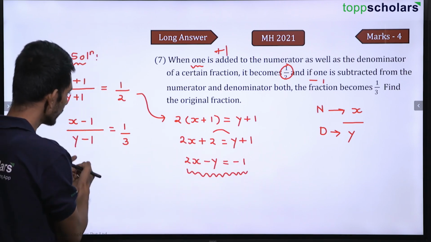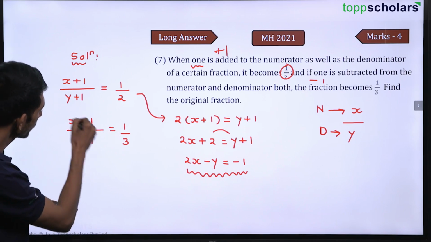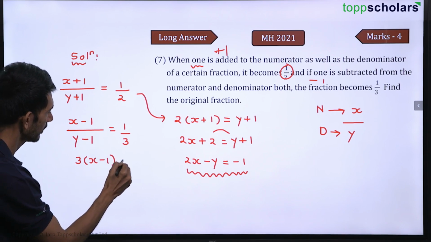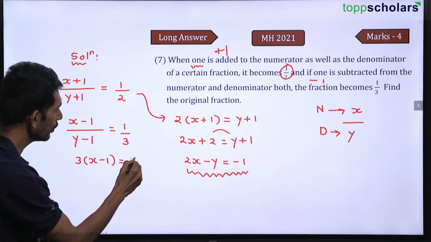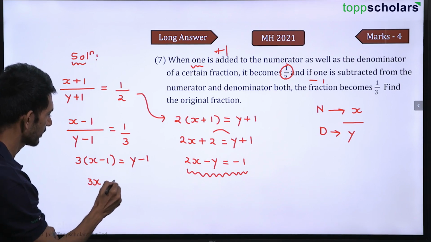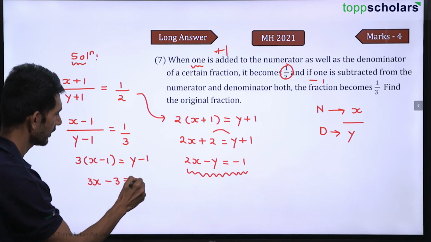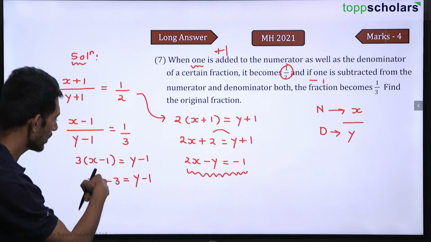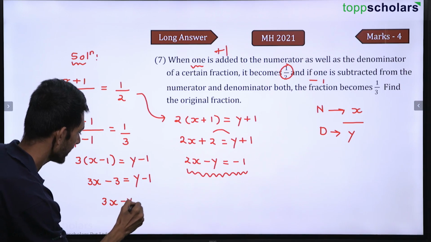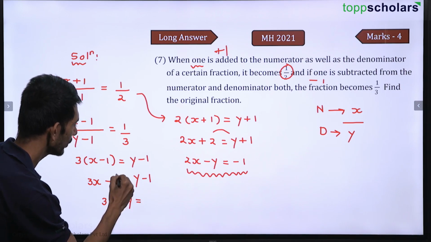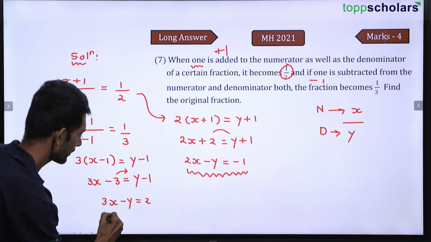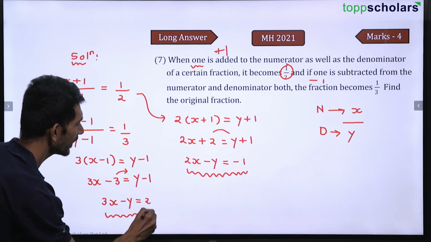Now you can also solve this. 3 into (x minus 1) is equal to 1 into (y minus 1). So this becomes 3x minus 3 is equal to y minus 1. Take y on this side, you get 3x minus y, and minus 3 on the right becomes plus 3. So minus 1 plus 3 is 2. So 3x minus y is equal to 2.